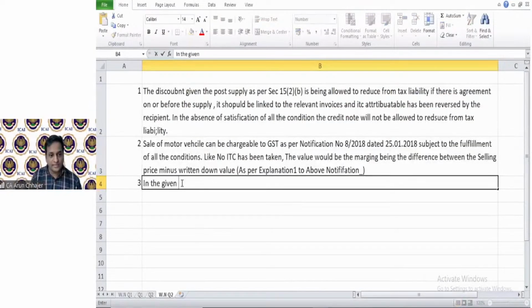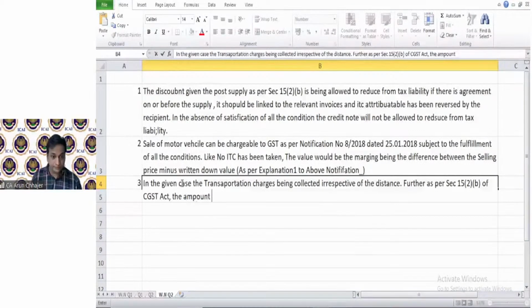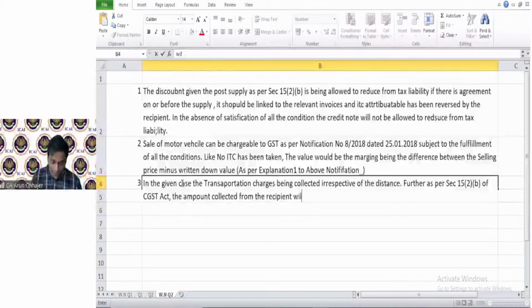In the given case, the transportation charges being collected irrespective of the distance, further as per section 15 subsection 2 clause B of CGST Act, the amount collected from the recipient will be added in the value.